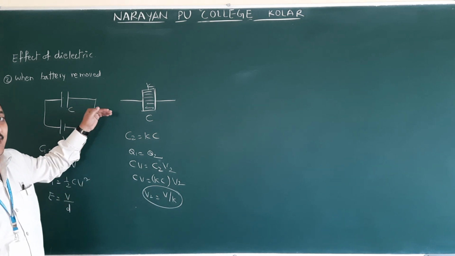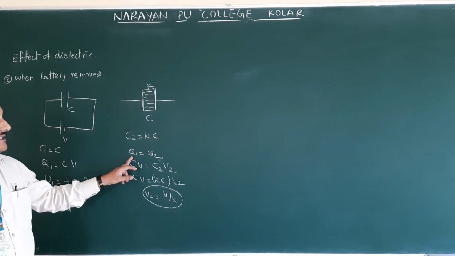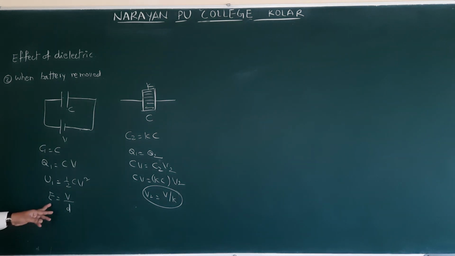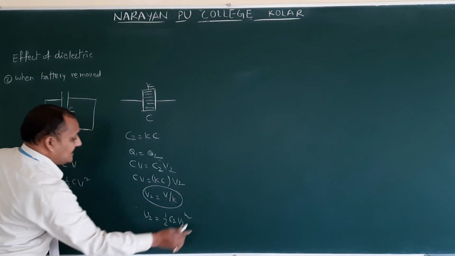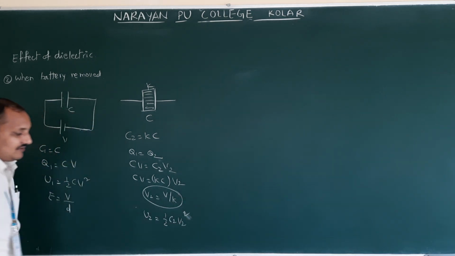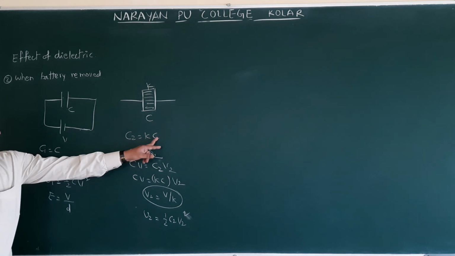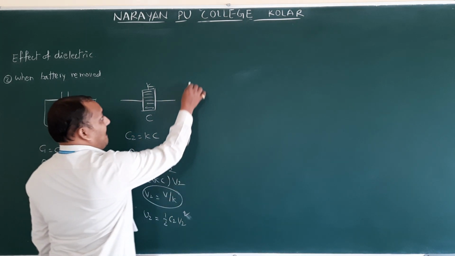If the battery is still connected, the potential is the same. If the battery is removed, the charge remains the same. These two points you have to remember. Next we will see the energy.